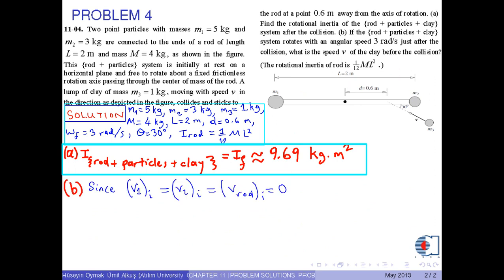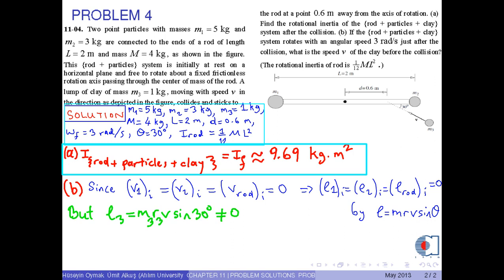Since the rod plus particles system is initially at rest, their angular momenta are zero by the formula L equals m times r times v times sine theta. But before the collision, that is, initially, the lump of clay, that is m3, is moving.